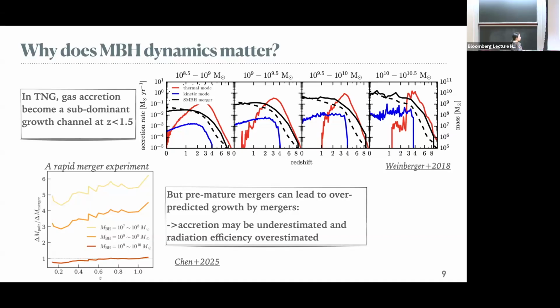For all of these massive galaxies, they have significantly more mergers because of their repositioning.